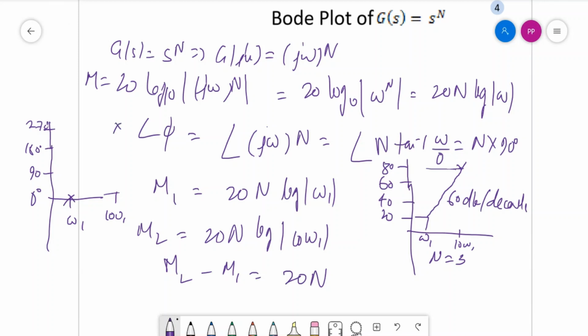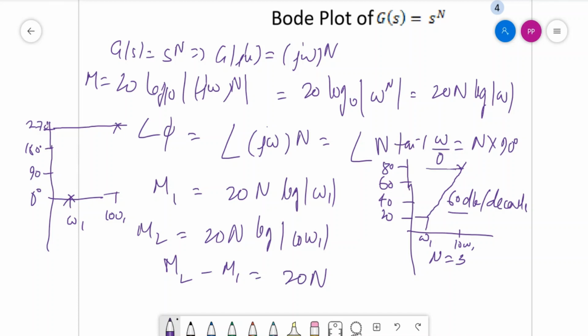Here you will see the slope of the magnitude is 60 decibels per decade, but the angle for this will be constant. Interestingly, in the case of an integrator and a zero, we get a constant angle instead of a varying angle.